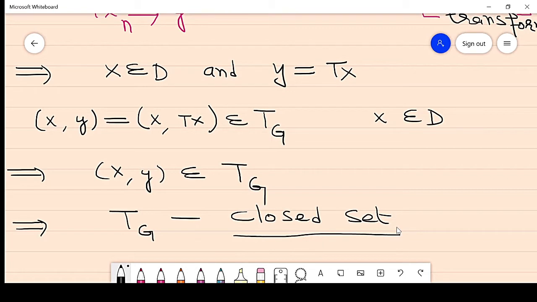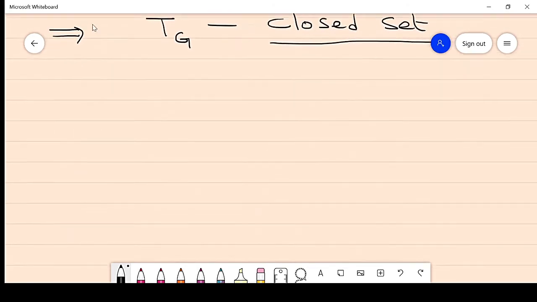So if the operator is closed, then its graph is closed. If T is closed, then its graph is a closed set.